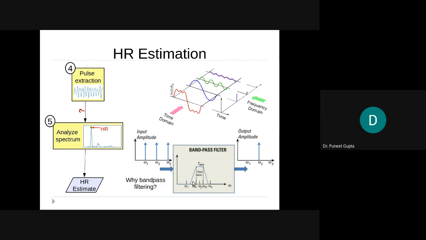Then you apply band pass filtering, which specifies what frequency range I want to analyze. Assume W1 and W3 don't lie in that range. That means the output I get does not contain W1 and W3. So in very simple words, this is what band pass filtering is. I hope now this all makes sense: from pulse extraction, how we can find out the heart rate.